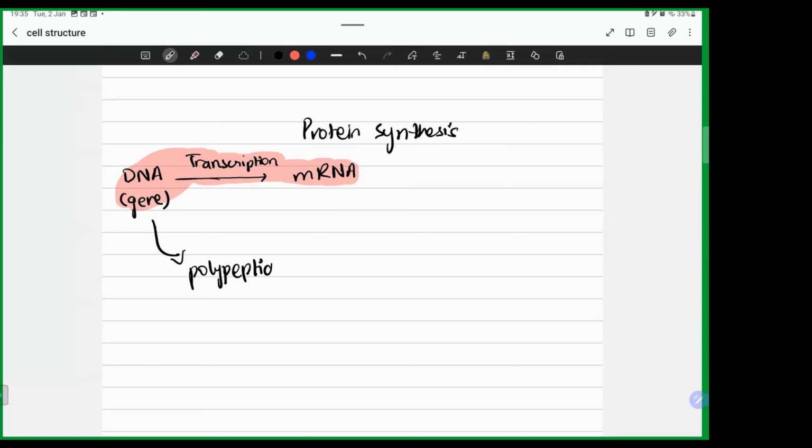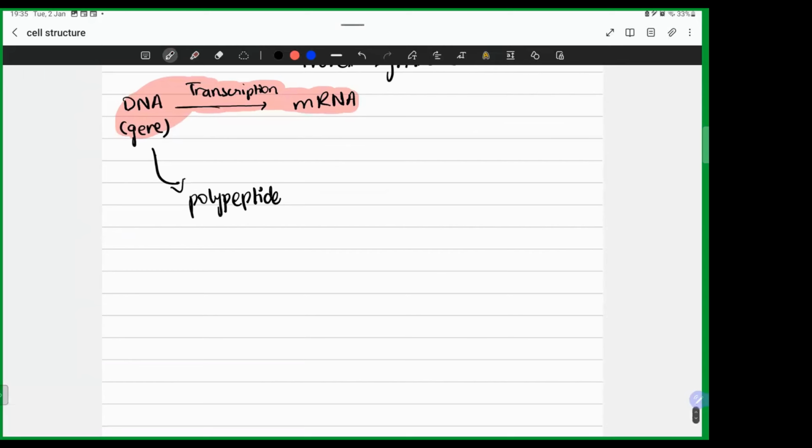For example, let's take the example of an amino acid. Let's take the example of tryptophan. You do not have to know this name. I've just named an amino acid. Now, for example, gene T is responsible for coding tryptophan. Okay? In the same way, gene A is responsible for coding something like glycine.